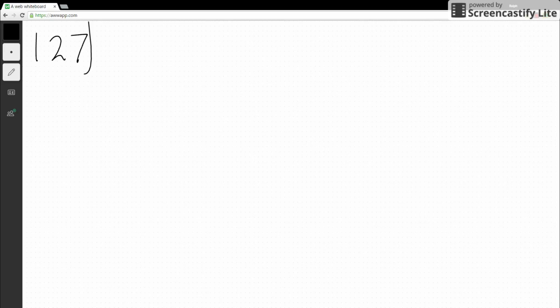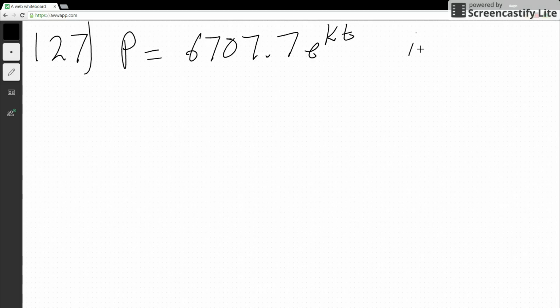It says the population of Dallas in North Carolina between 1990 and 2008 can be modeled by this particular function. This is in thousands.